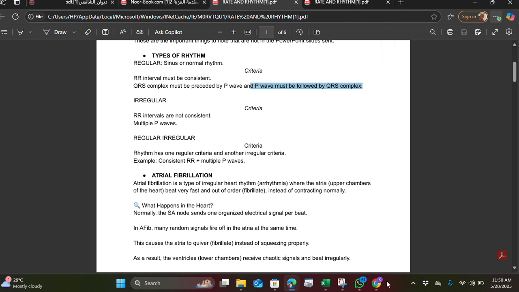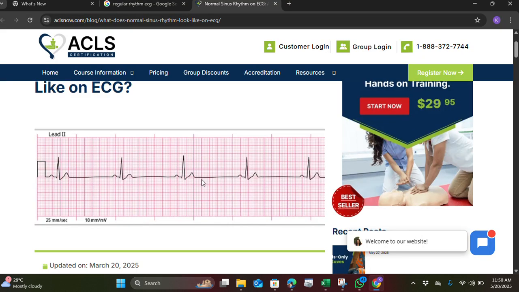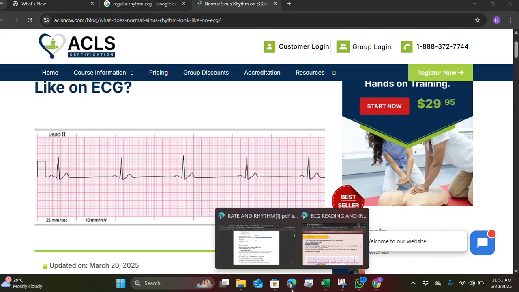Just imagine the case of that irregular that I told you, that let's say after this P, you had another P and then one QRS complex. You will not say that because that second P had a QRS complex coming after it, then it's a regular reading. No, the fact that the first P wave did not have a QRS complex coming after it makes it not regular. Okay, now that is just what you need to know about regular reading.